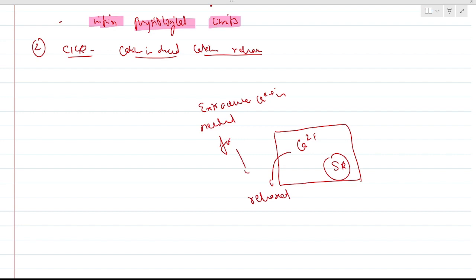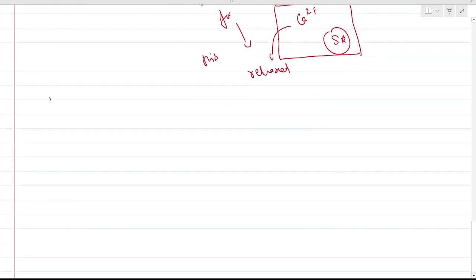So an important take home point here: in the heart, both extracellular and intracellular calcium are needed.